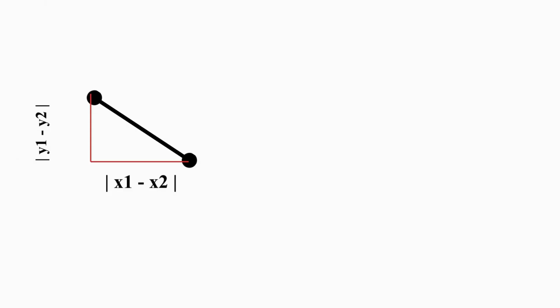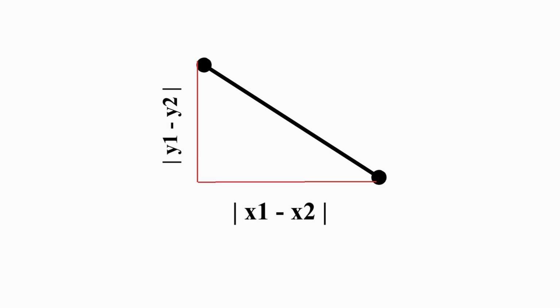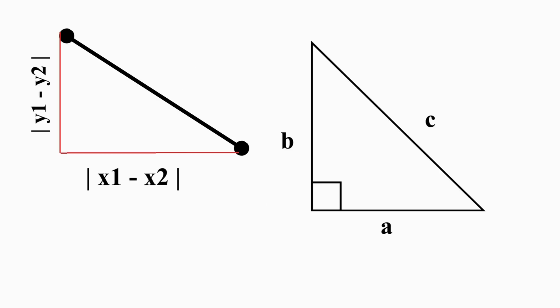Now, here's where the fun part comes. We know that with the Pythagorean theorem, the square of the hypotenuse of a right triangle is equal to the sum of the squares of the other two sides. So a squared plus b squared equals c squared.